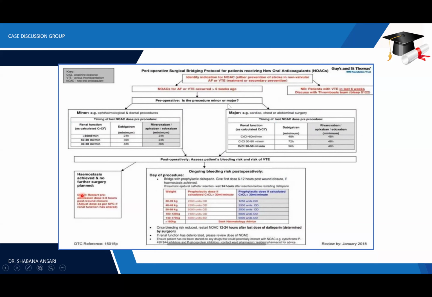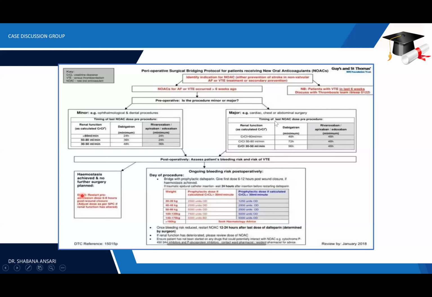Then in the next column we follow the creatinine clearance. Generally more than 80 is good, then 50 to 80, and then 30 to 50. So they have categorized it accordingly, and according to the level of creatinine clearance, they have made a protocol for when we have to start or restart the oral anticoagulants like dabigatran or rivaroxaban.